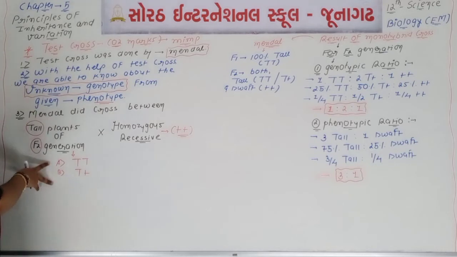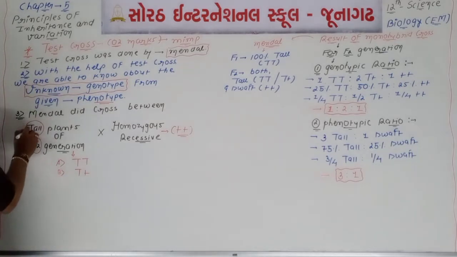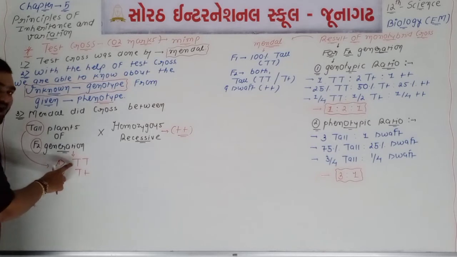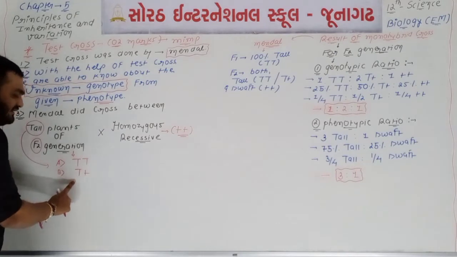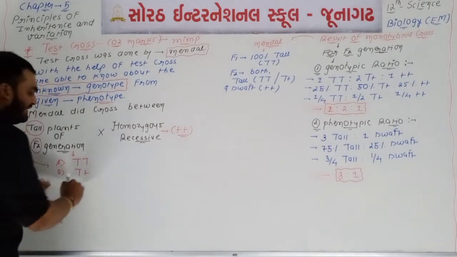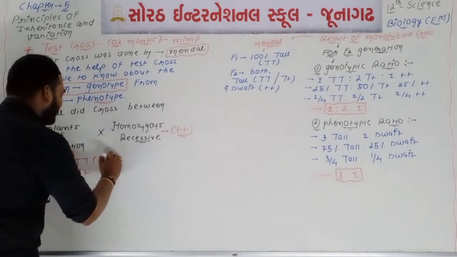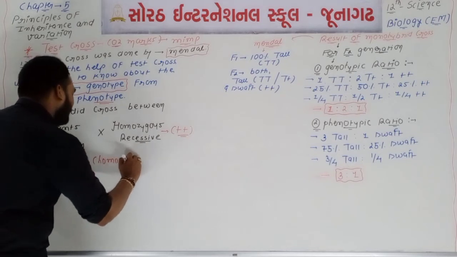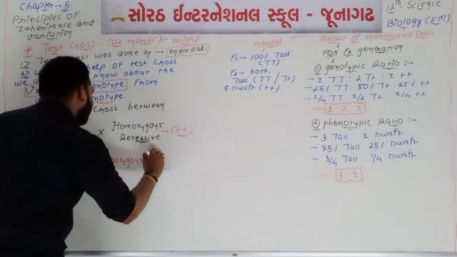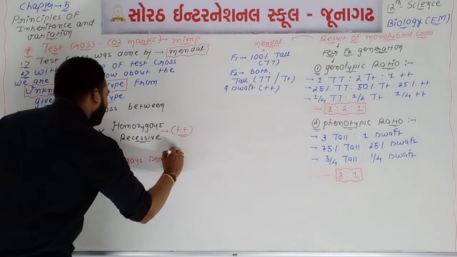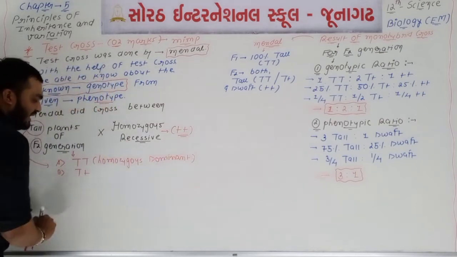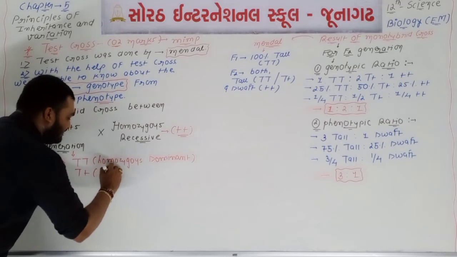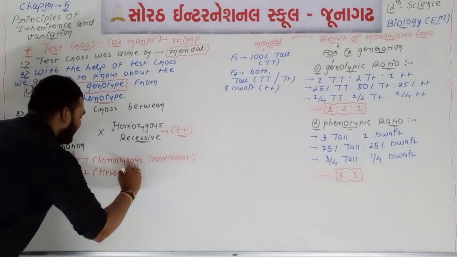So only two options are there for the tall plants, either capital T capital T or capital T small t. If capital T capital T is there, it is known as homozygous dominant. What about this capital T small t? It is known as heterozygous.